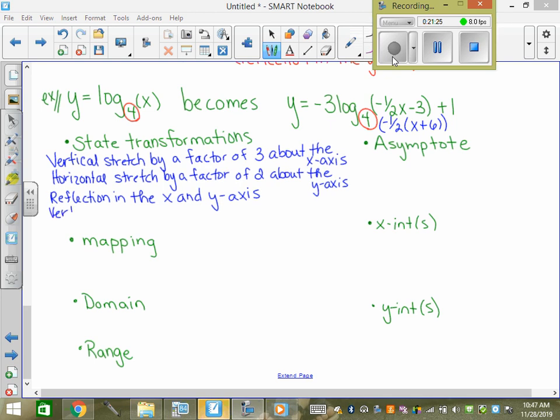Vertical translation 1 up, horizontal translation 6 left.